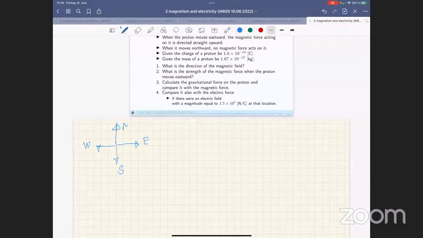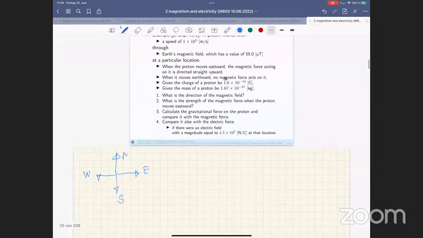It's like you are in a satellite looking at the map of Thailand. Here you go to Chonburi, here Kanchanaburi, here Chiang Mai, and Songkhla. That's the top view of the map. They say the proton moves eastward.